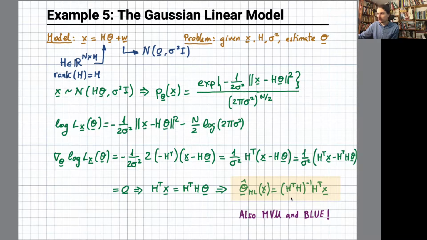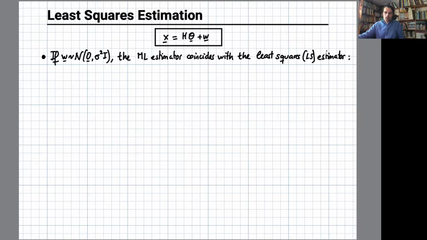So now we know that this estimator is also ML, right? And that provides further theoretical support whenever we want to apply it in a practical situation. But not only does this estimator hold the honorary degrees of being ML, BLUE, and MVU, it also coincides with the so-called least squares estimator, as we are about to see.